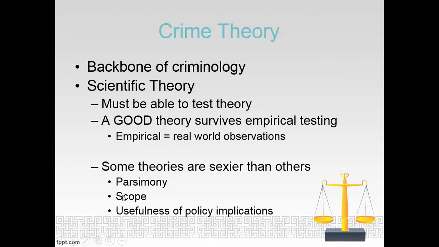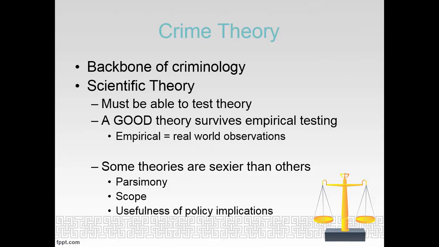The last criterion here is probably the more controversial. Some folks would say that every theory generates some policy implication. The theory tells you what causes crime, and it tells you then how you might change crime. Some folks have said that some policy implications are more useful than others. The classic example is a Marxist theory of crime that argues capitalism is the root cause of all evil, including crime.